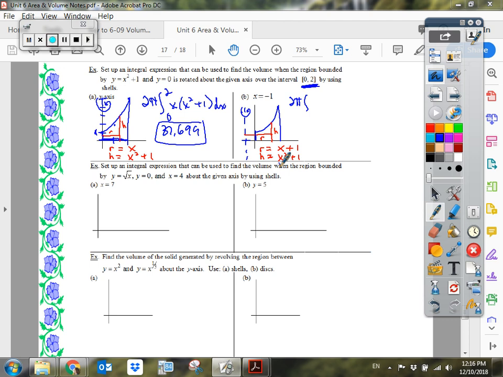The bounds come from the figure, from 0 to 2. So it's 2 pi r times h, so x plus 1 times x squared plus 1 dx. We put that in our calculator and we get 67.021.